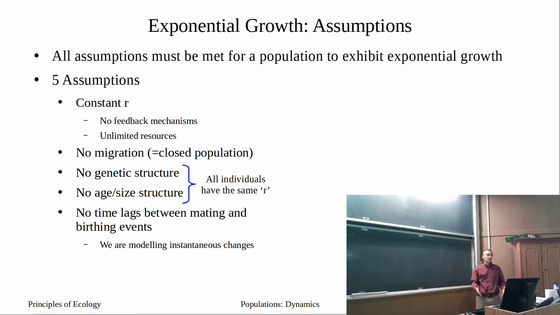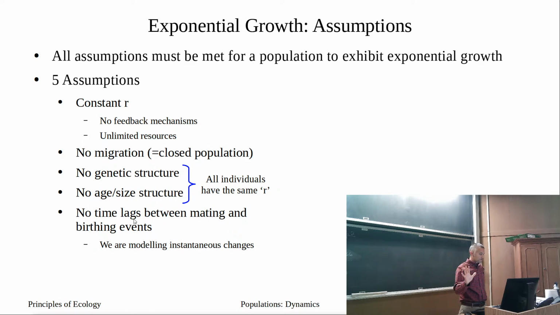When we model our population, it has to be instantaneous, which means we assume that mating and birthing events occur together. That's why bacteria and yeast are so good, right? They're basically binary fission. You're not mating, so we don't have that delay in the development of embryos until they're born.